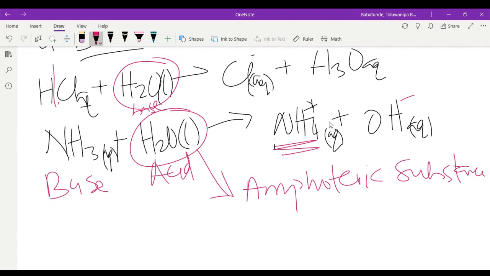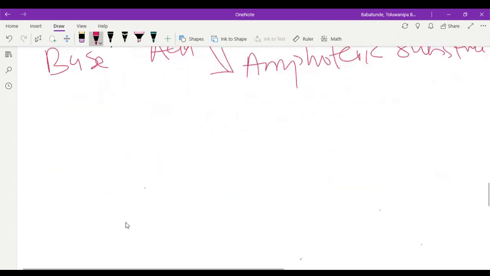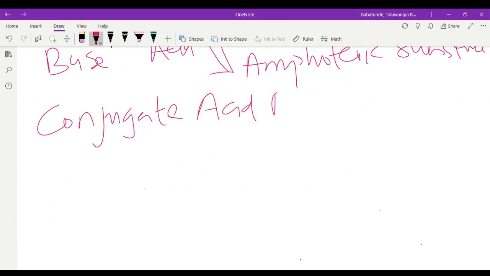We also have what we call a conjugate acid-base pair.